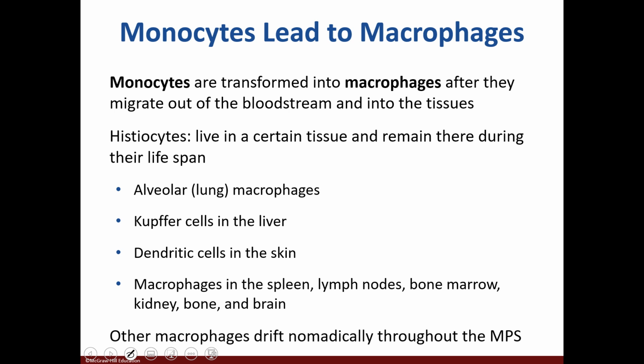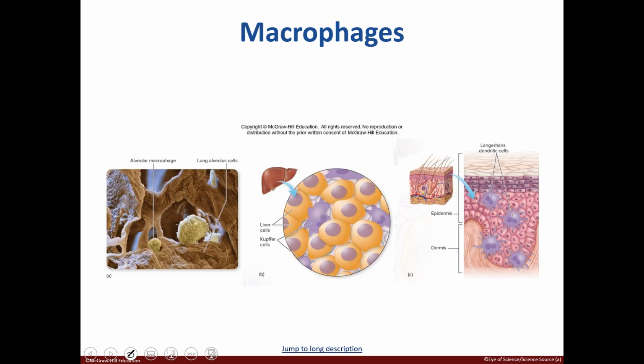Some don't plant roots, but are nomadic and travel around. Here we see the stationary alveolar macrophages, Kupffer cells, and Langerhans dendritic cells.